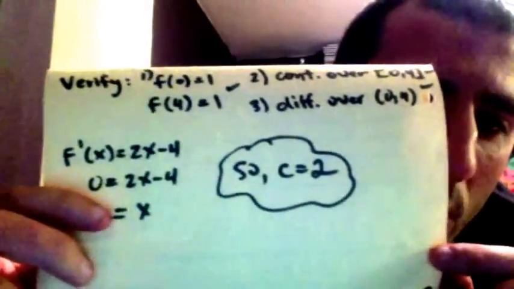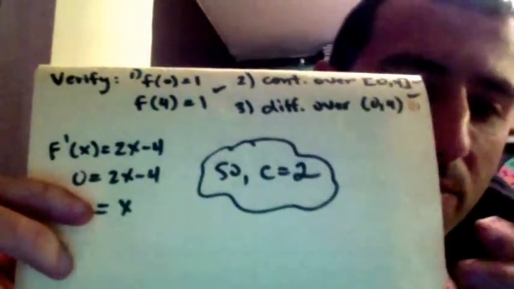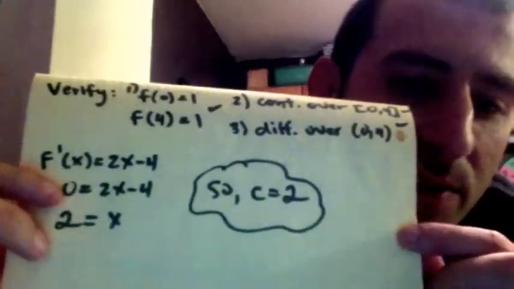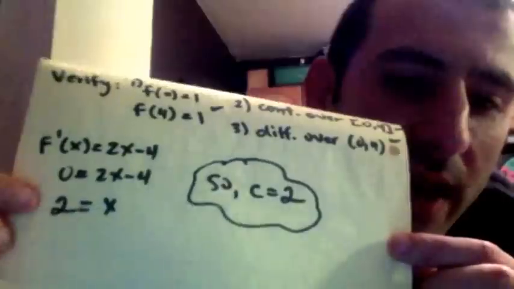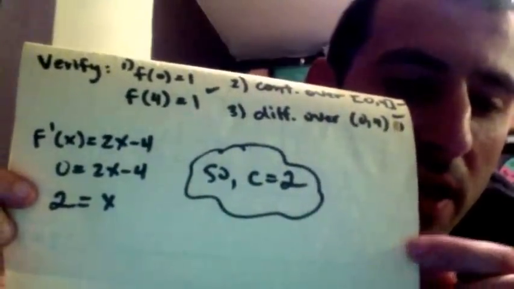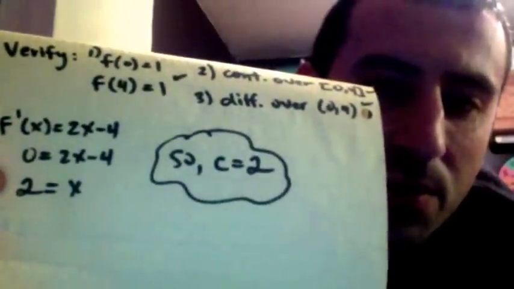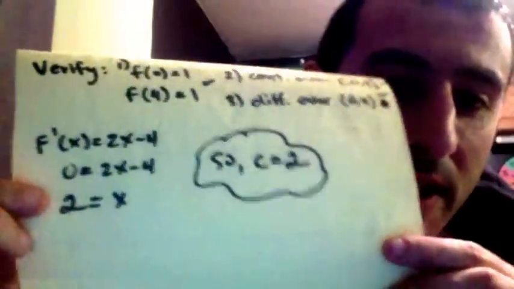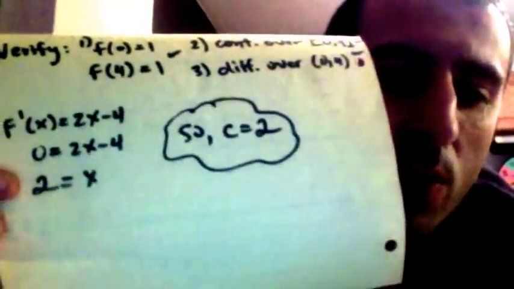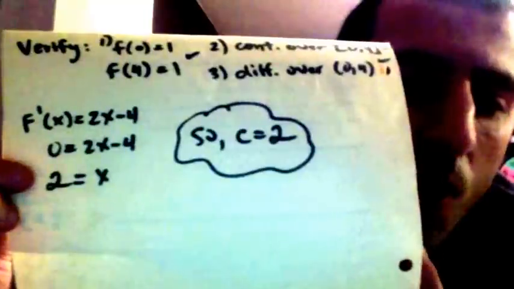All this says, once you know that it works, is that you take the derivative and then you set it equal to 0. So I did that over here, and I ended up getting that x equals 2. Now I have to check, is 2 in the open interval? Well, it should be, since I'm guaranteed the existence of it. But remember, if you had more than one answer, chances are one of them might not work.